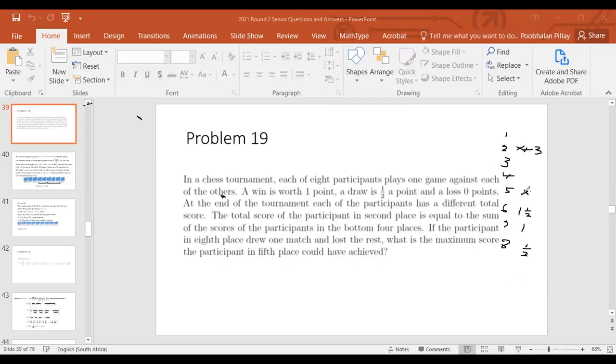Right, so to get the minimum now, we should really make this x plus half here and make this x plus 1. We want the minimum of the other scores.